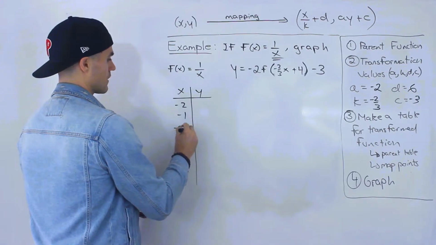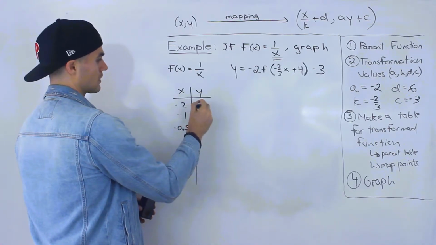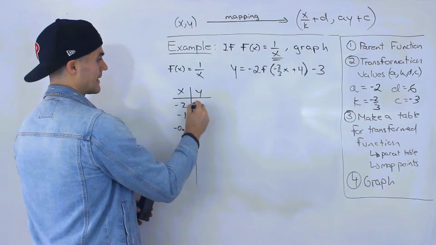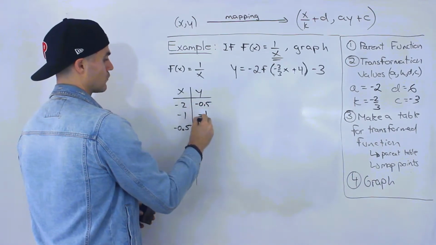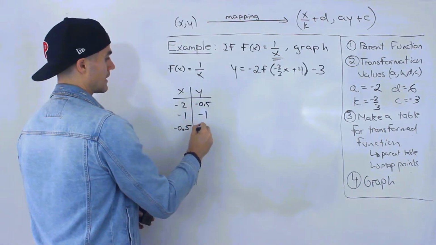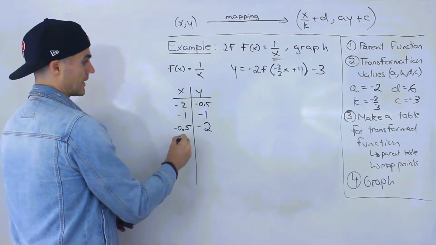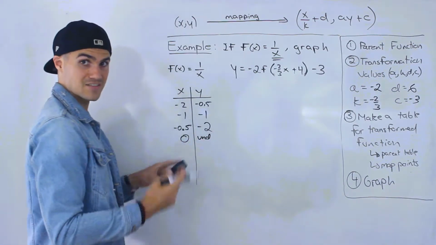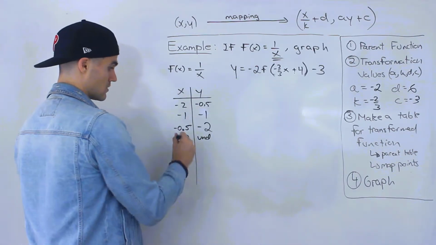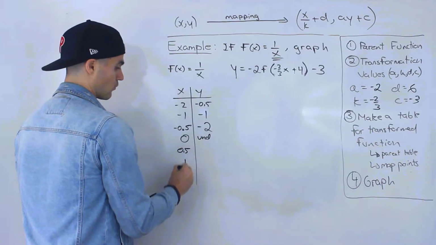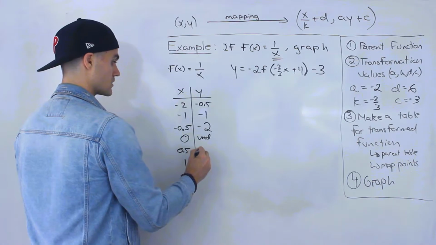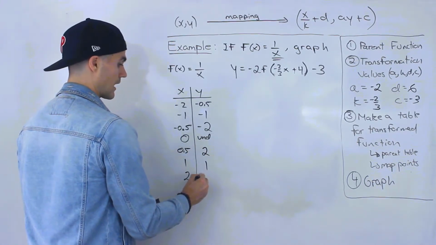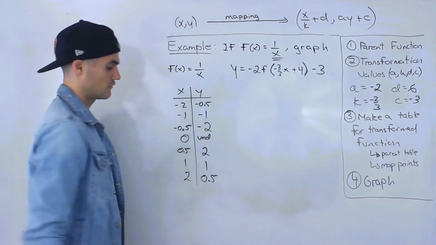This was negative 0.5 here. And then over here, I had negative 0.5, negative 1, and then negative 2. And then at an x value of 0, remember it was undefined because we said an x value is 0, that's the vertical asymptote. And then we had 0.5, 1, and 2. So this was positive 2, 1, and then 0.5.